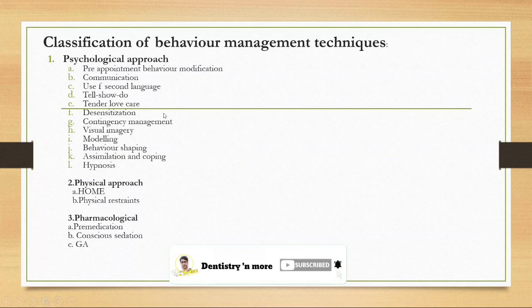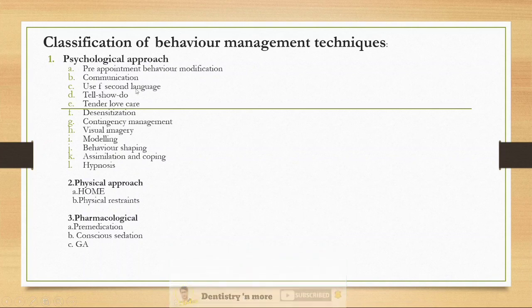In psychological, we have pre-appointment behavior modification, communication, use of second language, tell-show-do technique, dental love care, desensitization, contingency management, visual imagery, modeling, behavior shaping, assimilation, and coping, hypnosis. In the physical approach, we have home physical restraints. In pharmacological, we have pre-medication, conscious sedation, and general anesthesia.